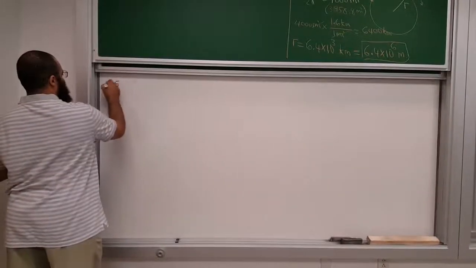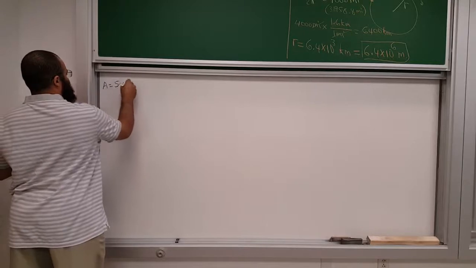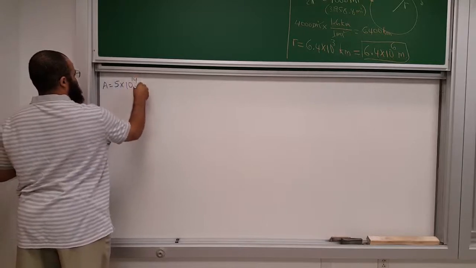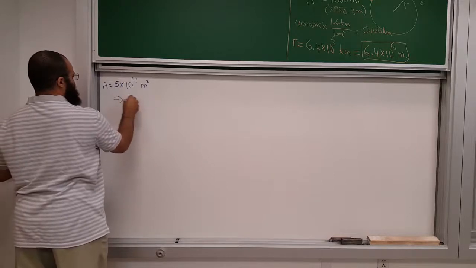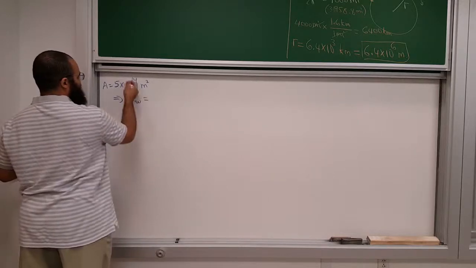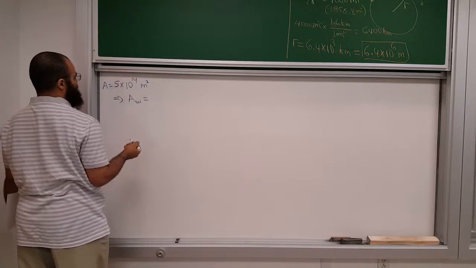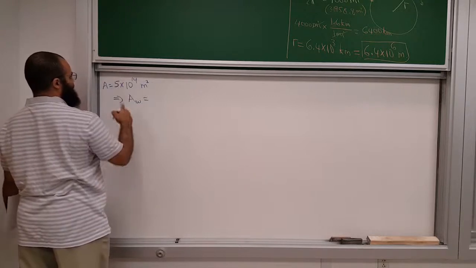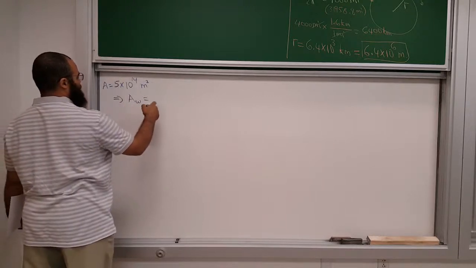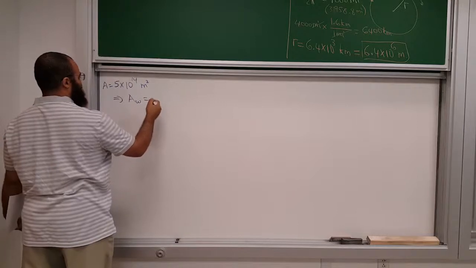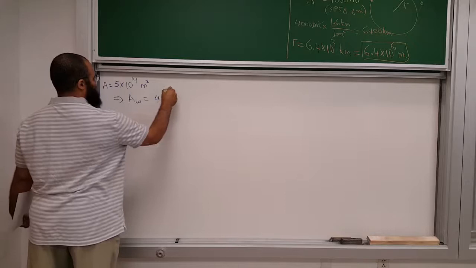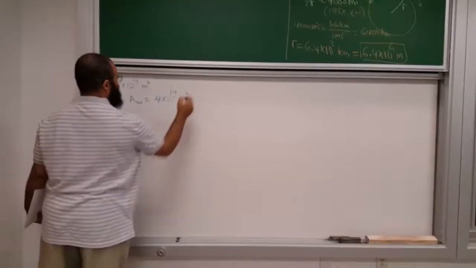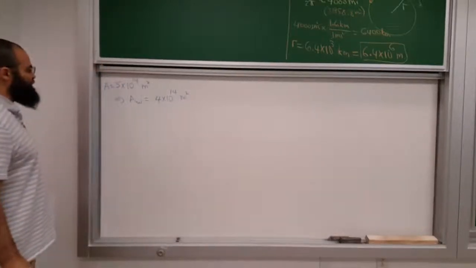The area is 5 times 10 to the 14 square meters. So the area covered by the water, I'll put it here, AW, is 3/4 of this. What's 3/4 of that? Well, 3 times 5 is 15 over 4. That's about 4 times 10 to the 14 square meters.